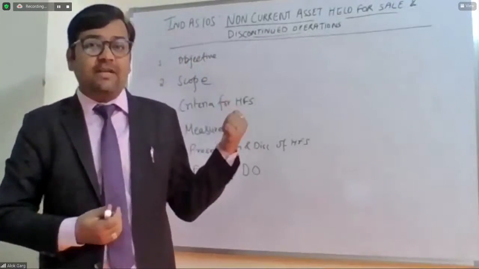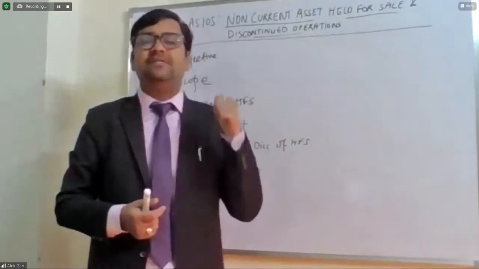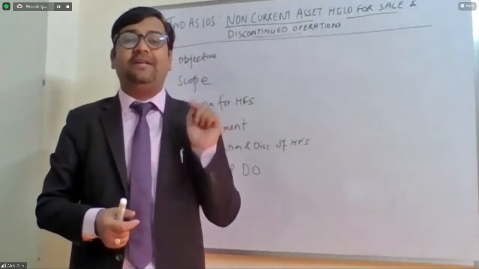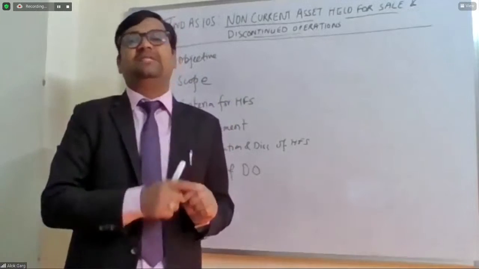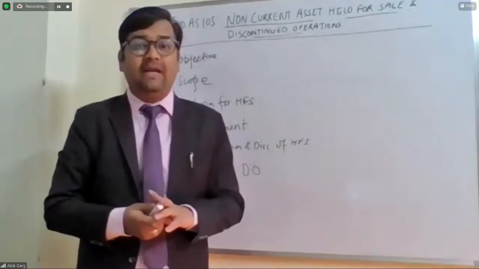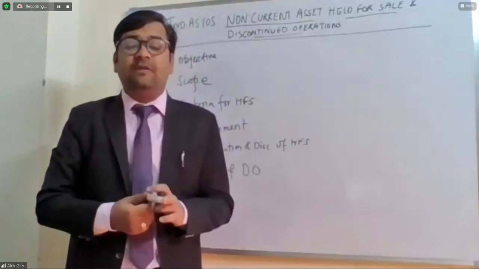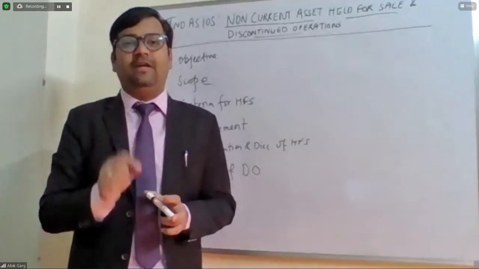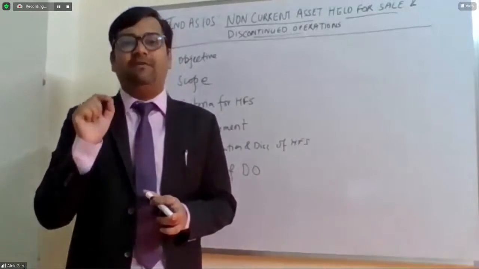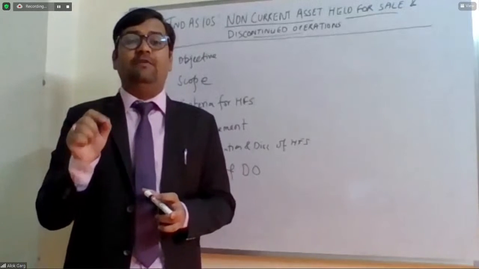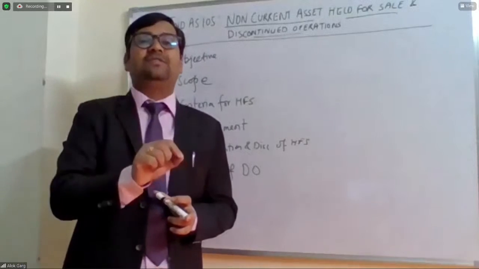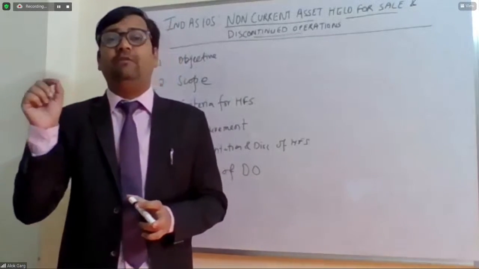But as far as a non-current asset held for sale is concerned, the intent of the company is not to use these assets. The intent of the company is to sell these assets. And hence the definition is: non-current assets held for sale are those assets where future economic benefit will be received through a sale transaction rather than through continuing use.